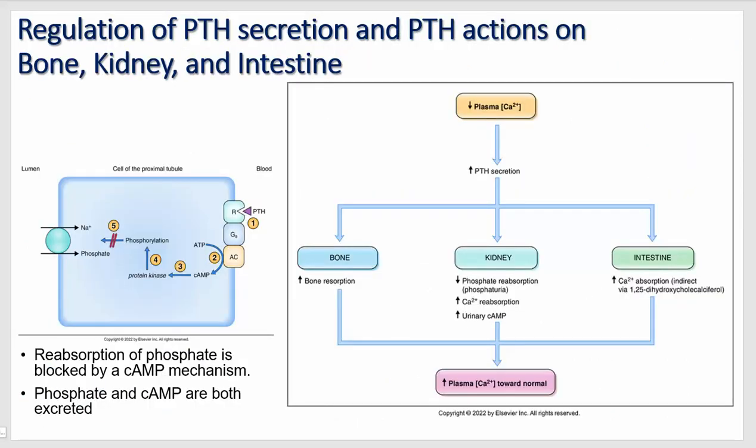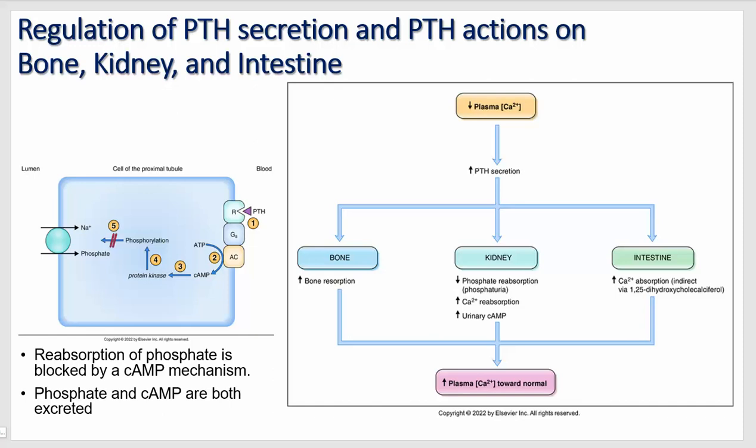All right. So, regulating parathyroid hormone secretion and actions on the bone, kidney, and the intestines. Obviously, this is going to be a feedback mechanism. So, low plasma calcium is going to increase parathyroid hormone secretion, and then it has these effects. I like this graph because it just shows you right there when it seems like, oh, it does so much.